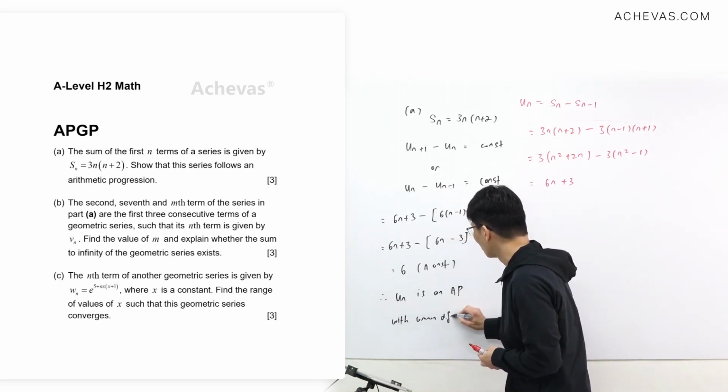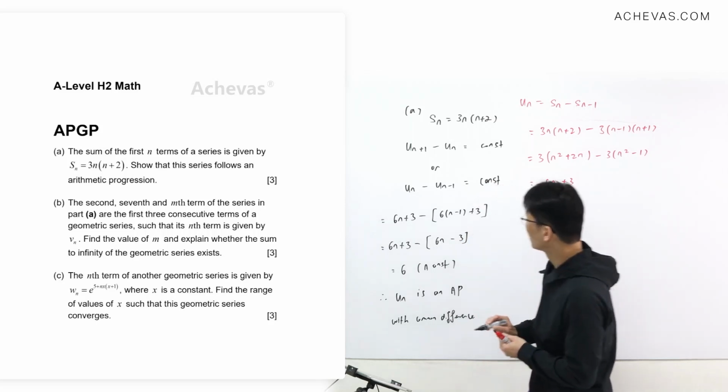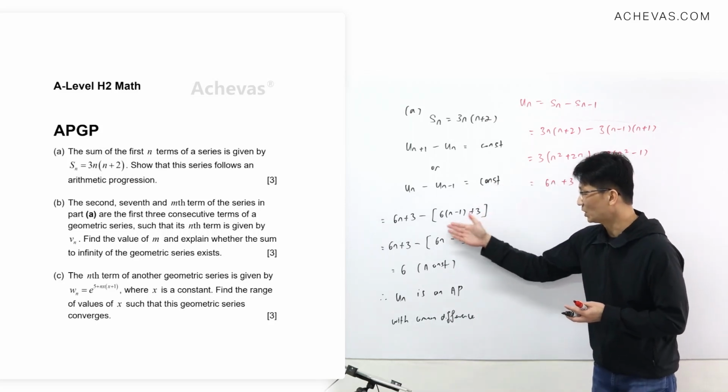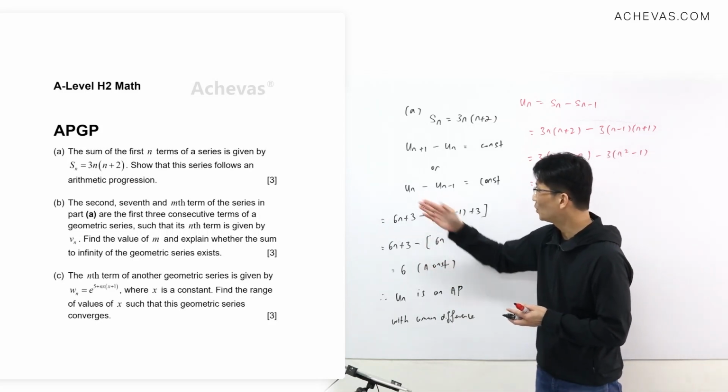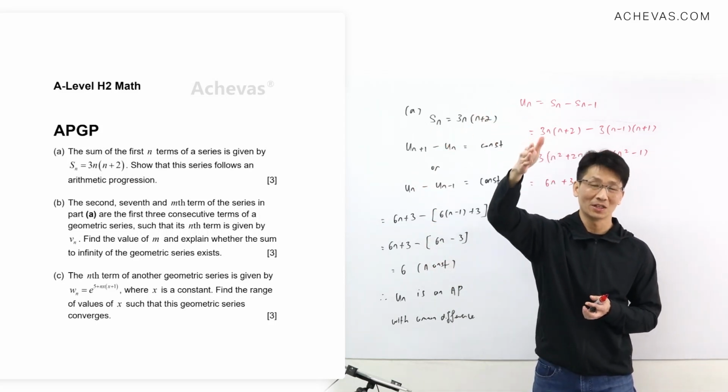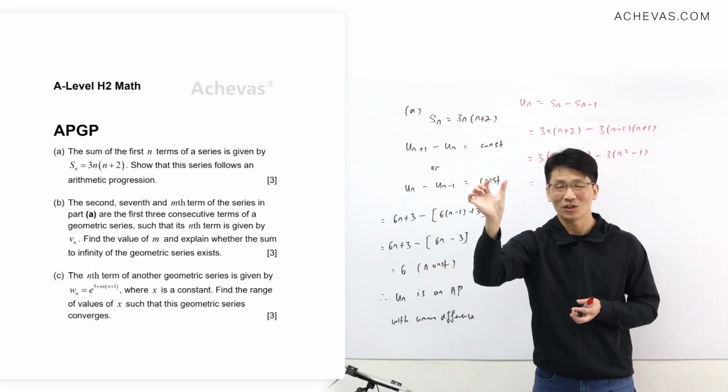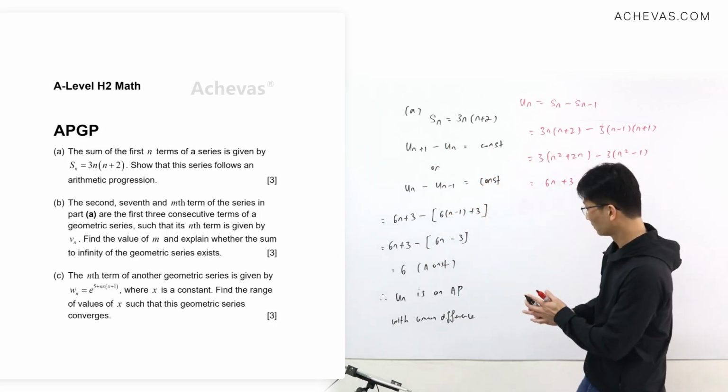And the common difference of this sequence actually will just be equal to 6, because when we are subtracting un with its preceding term, that difference actually will just be the common difference.